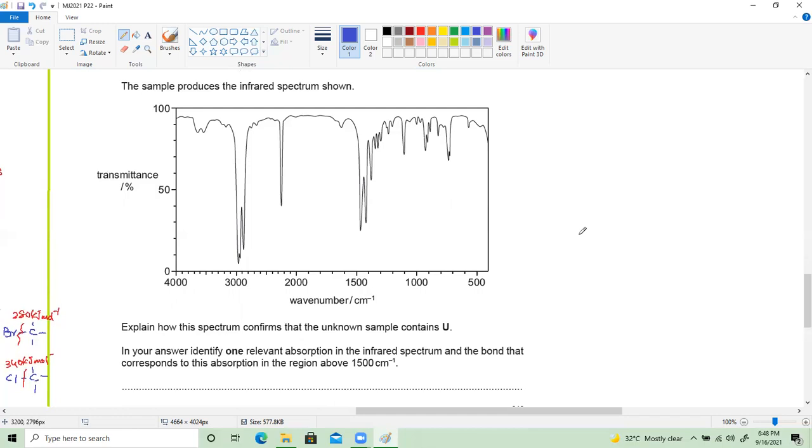We have to identify the cyanide group from there. Usually when identifying such structures, ignore the first part up to 1500 per centimeter, and then take a look at the peaks that follow this.